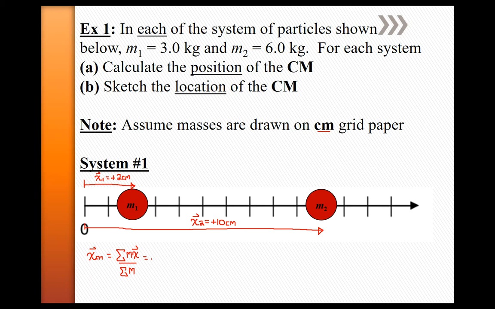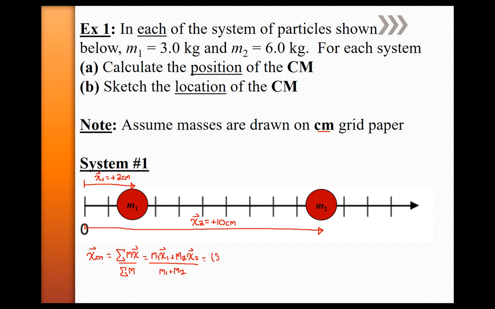So this would expand to M1 x1 plus M2 x2, then divide that by the sum of the mass, which would be M1 plus M2, and now we can just plug numbers in.